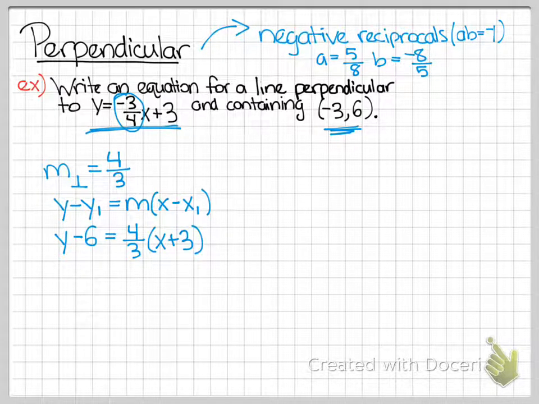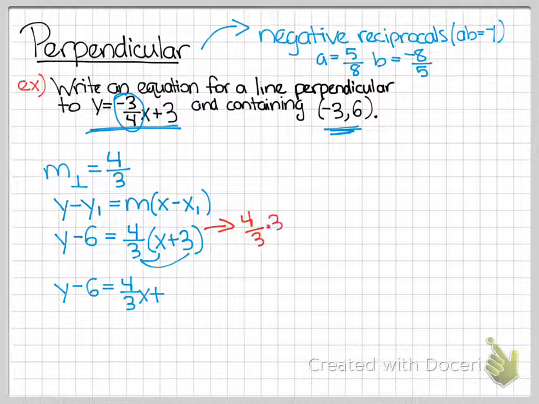So from here, if we want to get this in slope-intercept form, which I will ask you to do on these, we need to go ahead and distribute that 4/3 and move the 6 over to the other side. So let's distribute the 4/3 first. When we do that, we get y minus 6 equals 4/3 x plus, now I'm going to do over here in red real quick, 4/3 times 3. 4 times 3 is 12 over 3. 12 over 3 equals 4.